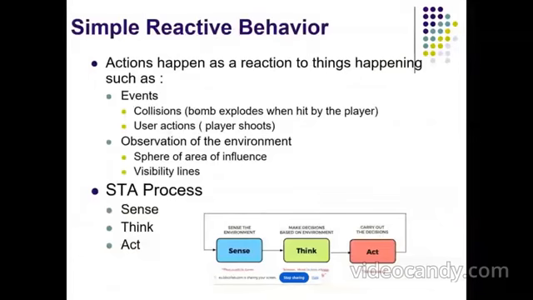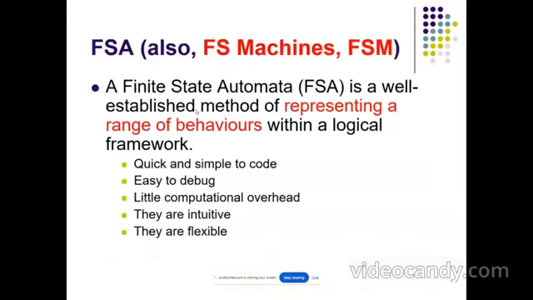The first technique is called finite state machines, a very typical technique that has been used in computer science for a long time, and it's very easy to program and debug, and there's little computational overhead to use it.